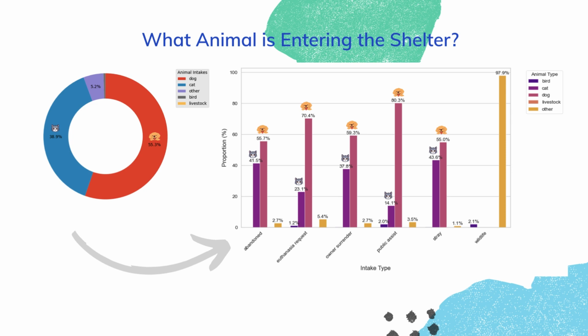Other animals make up the wildlife classification. The bar chart shows that dogs make up the largest proportion within each intake category. Most animals brought in by the public under the public assist category are significantly dominated by dogs. Therefore, going forward, my analysis will primarily focus on dogs and cats.